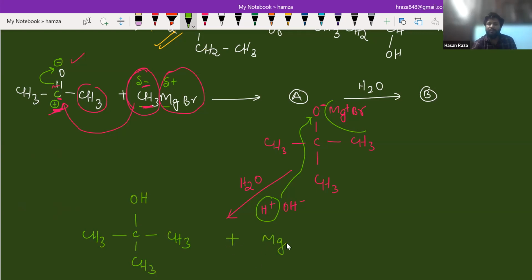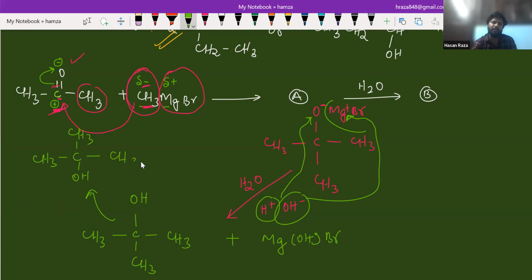And you can see Mg and this OH will go in between Br and Mg. This is the byproduct. I can write this also like this, CH3, putting OH at the bottom. The name will be 2-methylpropan-2-ol. It's very simple.